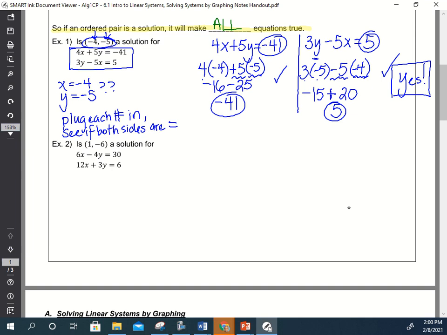So let's do a second example. Is (1, -6) a solution for 6x minus 4y equals 30, and 12x plus 3y equals 6? So they want to know, is x equals 1 and y equals negative 6 a solution for that problem?